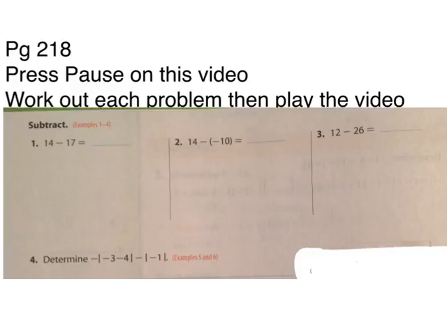In problem number 1, you will see that 14 take away 17 can be rewritten as 14 plus a negative 17. 14 plus negative 17 equals negative 3. Problem number 2.